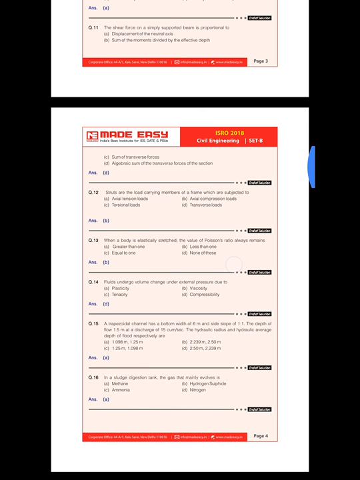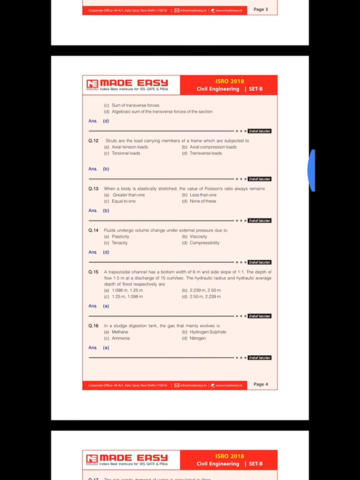Okay, when a body is elastically stretched, the value of Poisson's ratio always remains less than 1. For any material, Poisson's ratio will be less than 1.